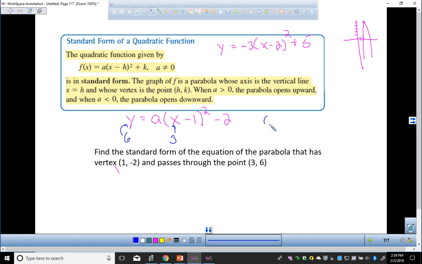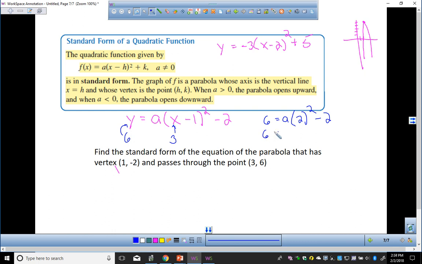So I get 6 is equal to a times 3 minus 1 makes 2, right? 2 squared, so that's 2 squared minus 2. I wrote 4, sorry, just thinking ahead. Did I do that wrong? No, I did that right.